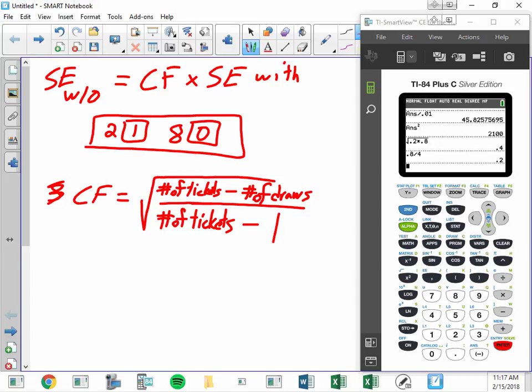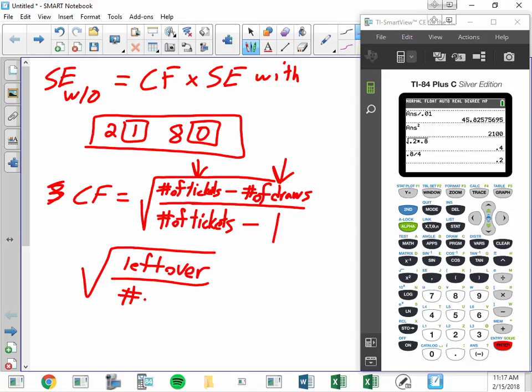So if I take the total number of tickets and I subtract the number of tickets I took out, what am I going to get? The leftover tickets. So basically the CF is the square root of the leftover divided by the number in the box minus 1. So if I take 4 tickets out of the box, how many are left? 6.